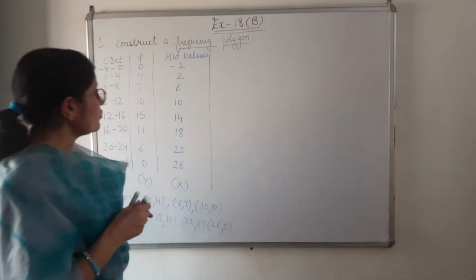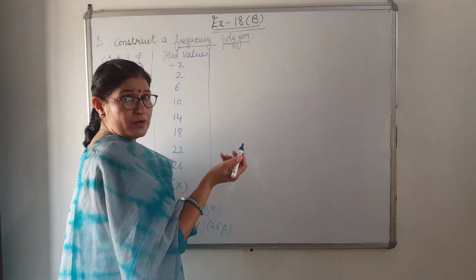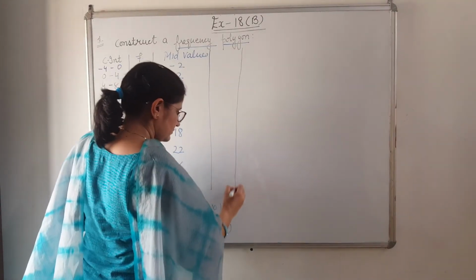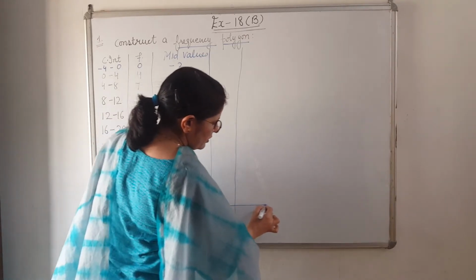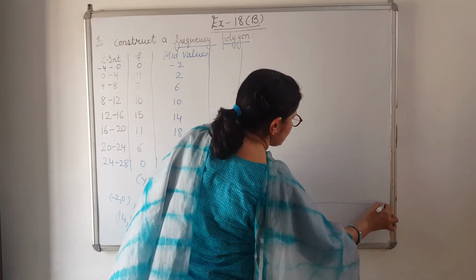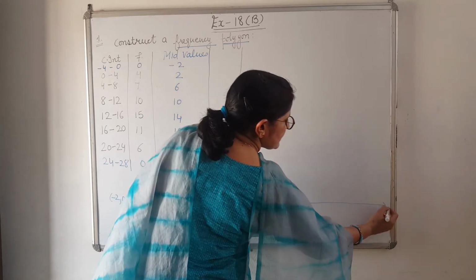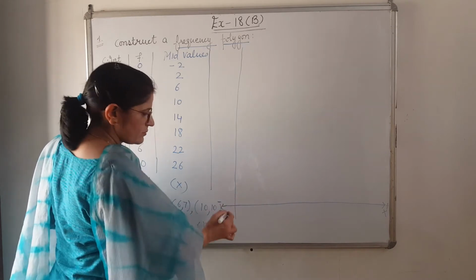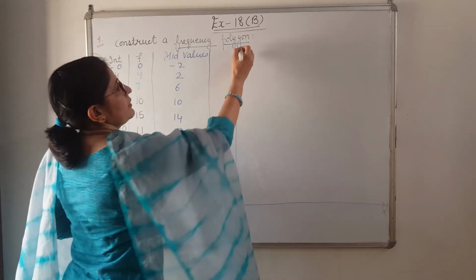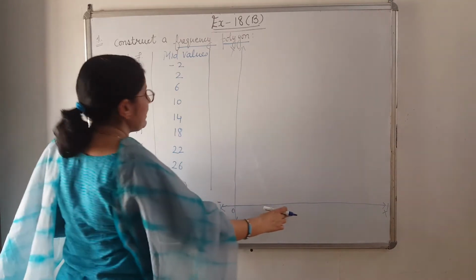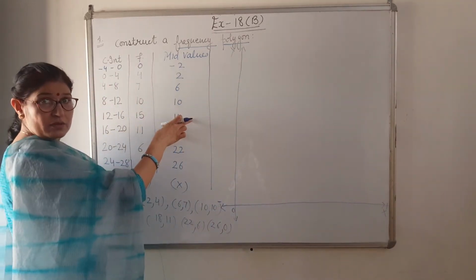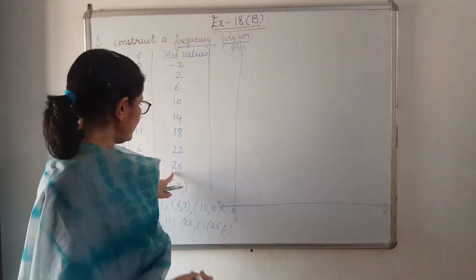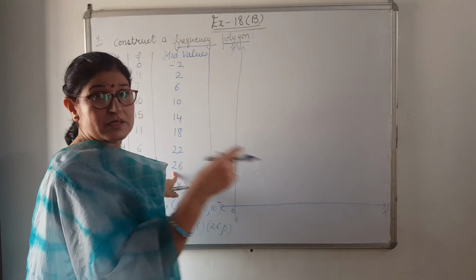Now we have to draw the graph. So take your graph paper and do this practice. We draw the x-axis and y-axis. On this side we take positive terms, on this side negative terms. This is 0. Here we have to show the mid values. We require up to 26, and you cannot take 1 box per unit, it is too lengthy.